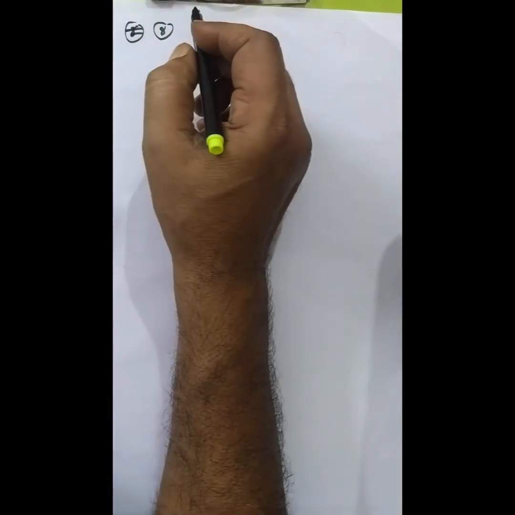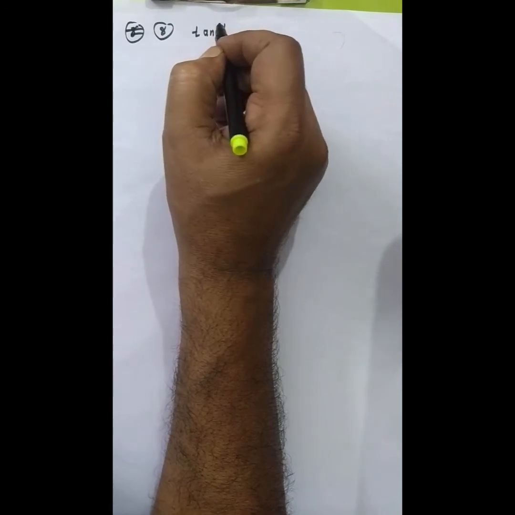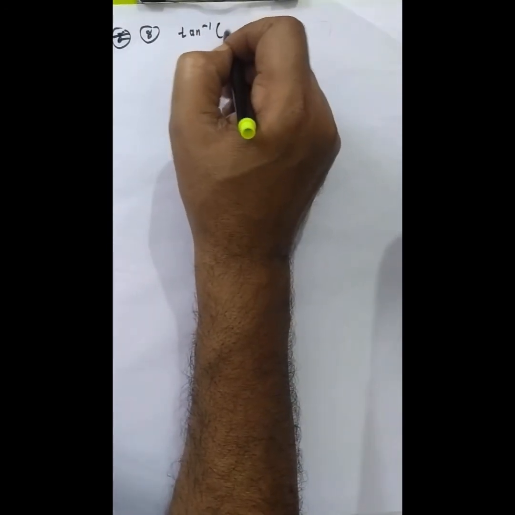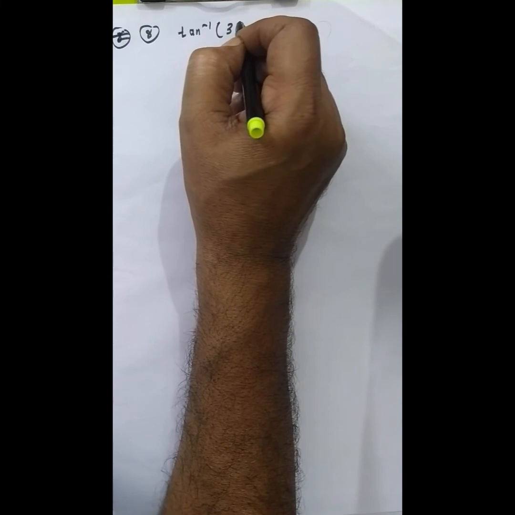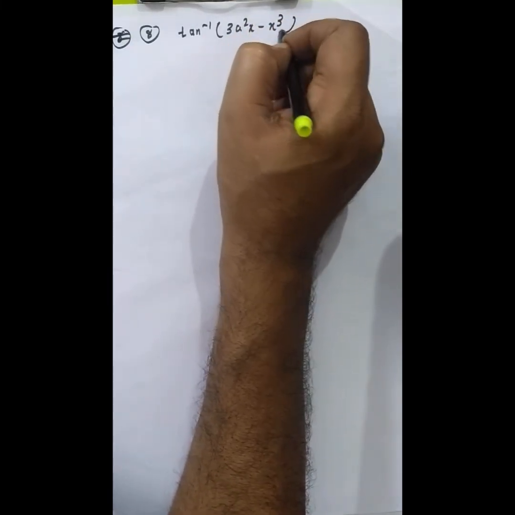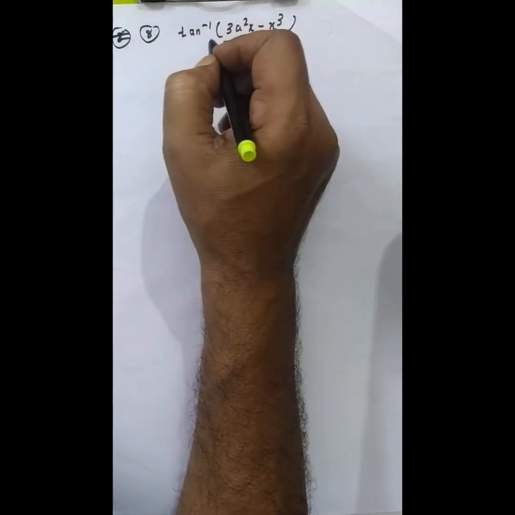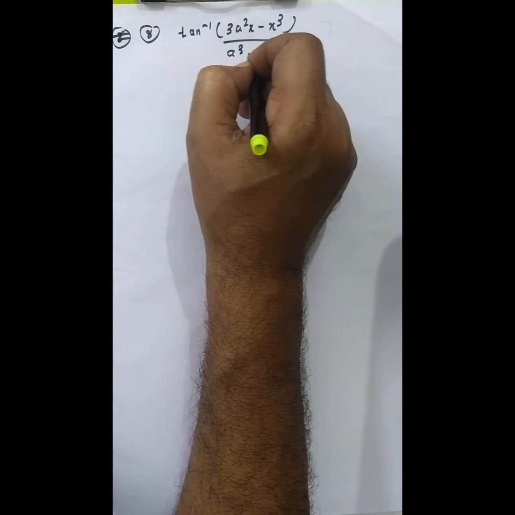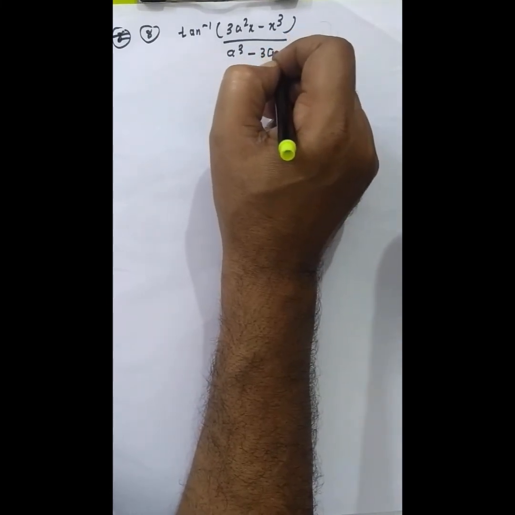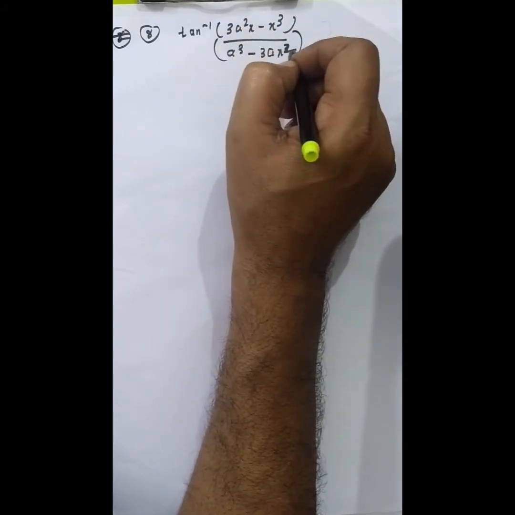Tan inverse of 3 times a square x minus x cube divided by a cube minus 3 times a x square.